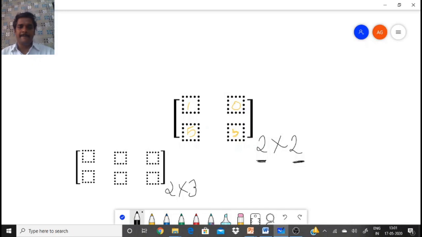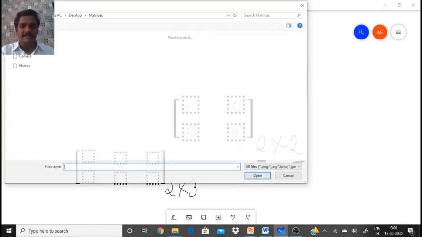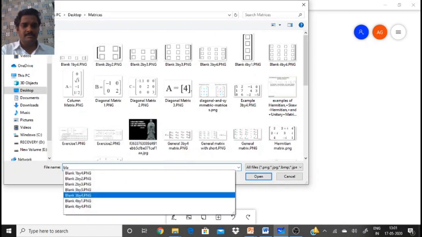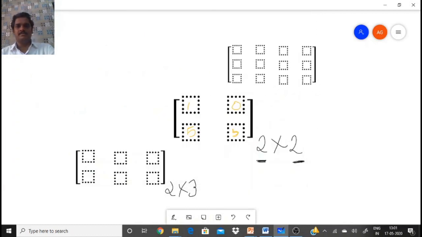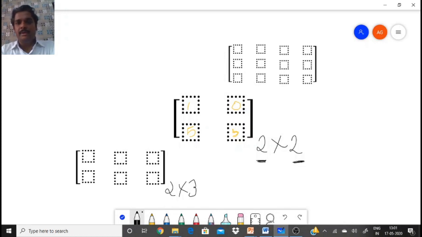Okay, let's see one more. So what's the order? Number of rows, there are 3 rows. Number of columns, there are 4 columns.